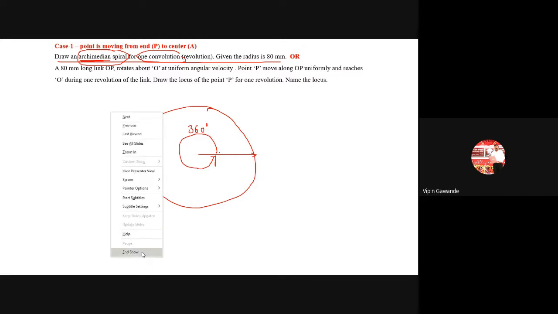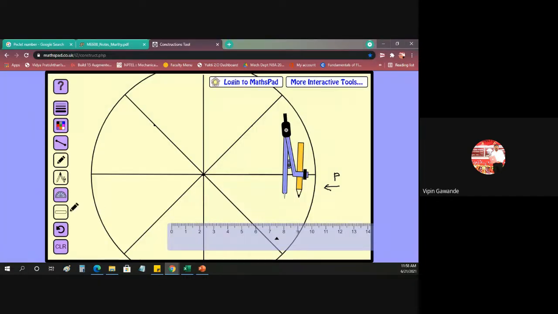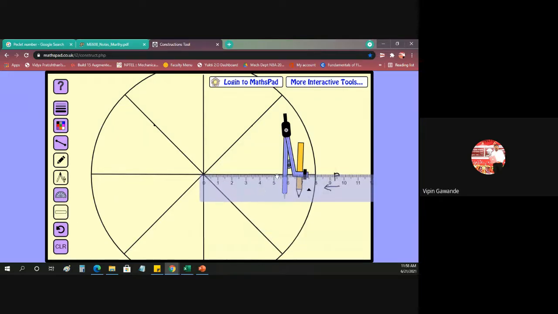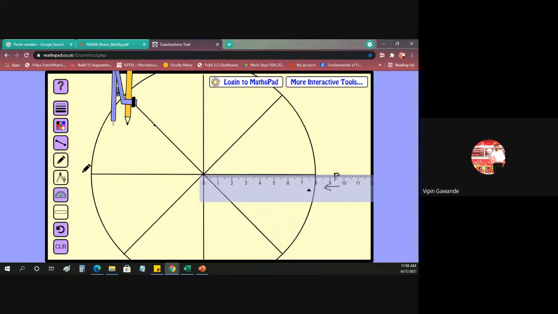Now let us see the procedure to construct the spiral. I have drawn here a circle of 80 mm radius. Then I have divided the circle into 8 parts, numbered 1 to 8.